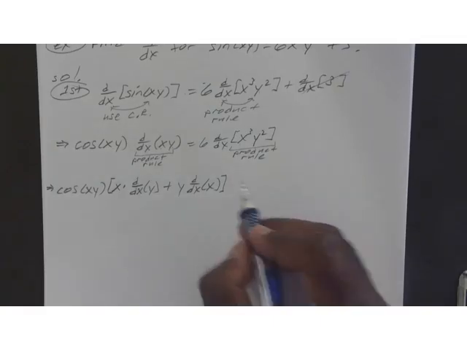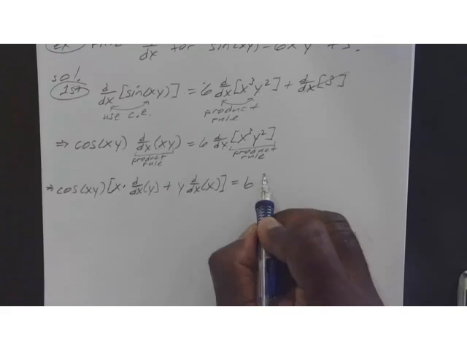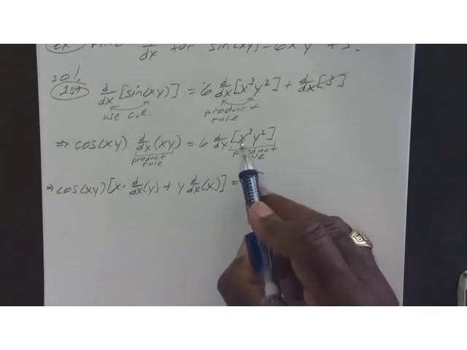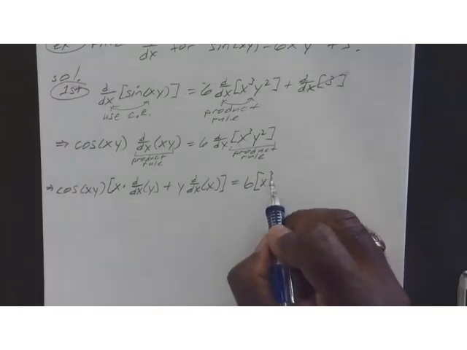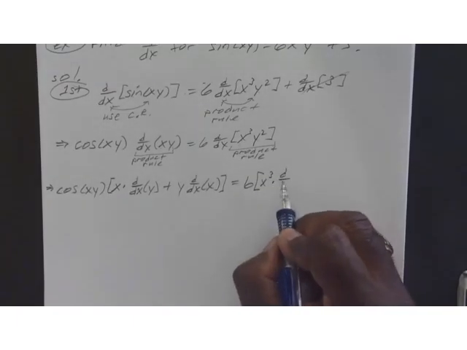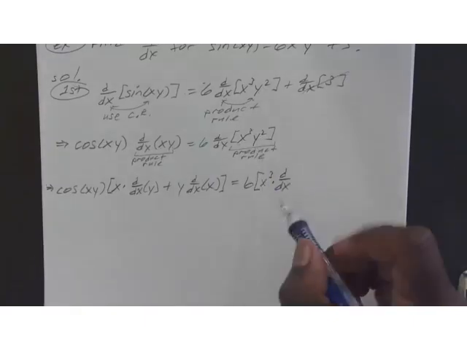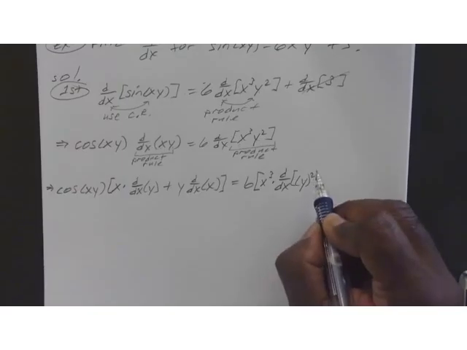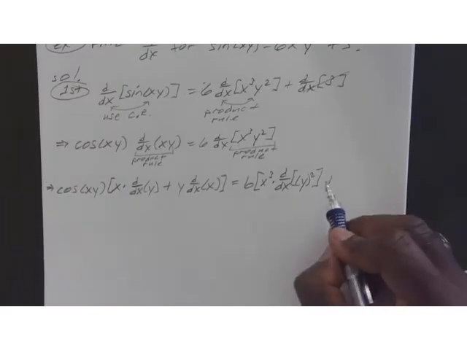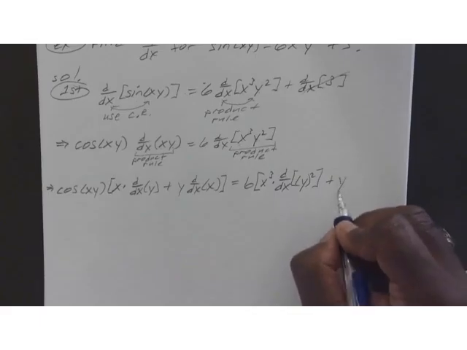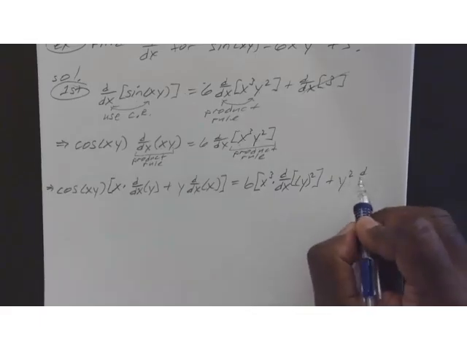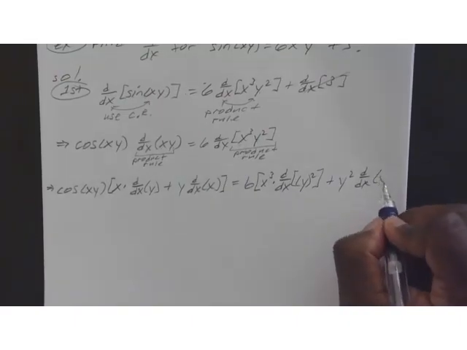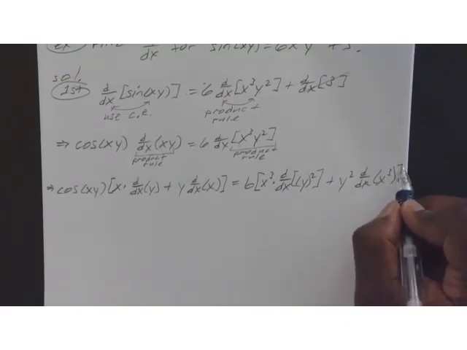Okay, and that's equal to 6 times, using the product rule again, the first function, which is x to the third power, times the derivative with respect to x of your second function, which is y squared, plus the second function times the derivative with respect to x of the first function, which is x to the third power.